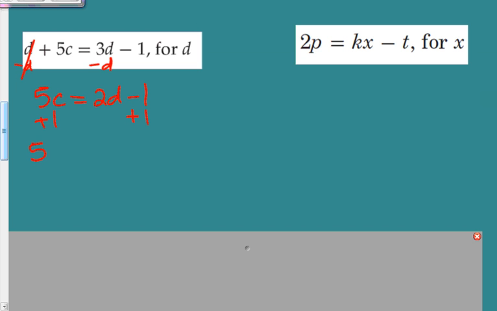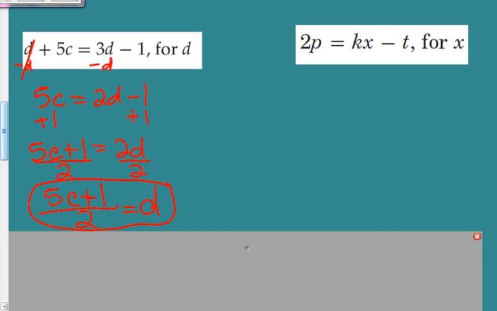So I have 5c plus 1 equals 2d. Now I just have a 2 being multiplied. The opposite is to divide. So I come over here and put the whole thing over 2. And that's my final answer. 5c plus 1 over 2 equals d. And we're finished.